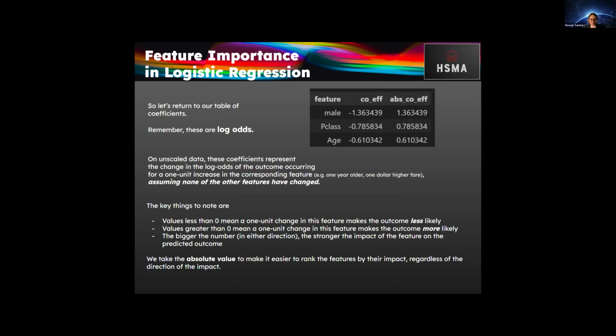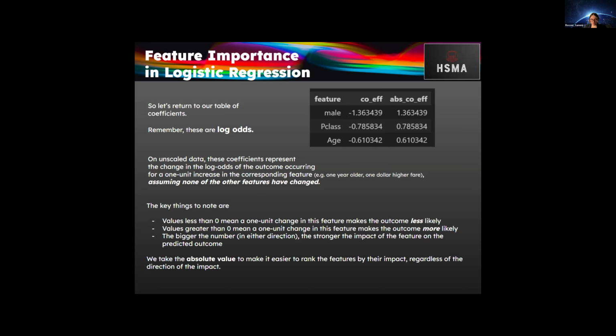What this would mean is that for every 1 unit change in age, let's assume that's a 1 year increase in age, your log odds of survival would decrease by this much. For $1 higher fare, for example, your log odds would decrease by, we haven't got fare on here, but male, for example, so being male would decrease your log odds of survival by 1.36.